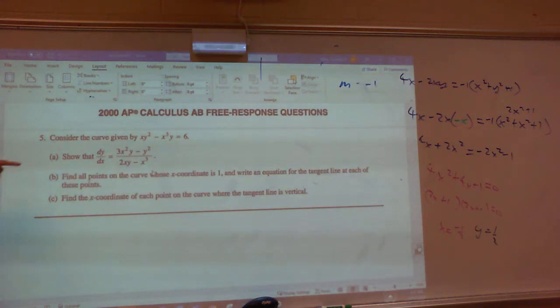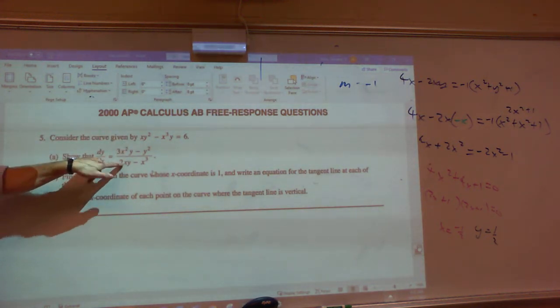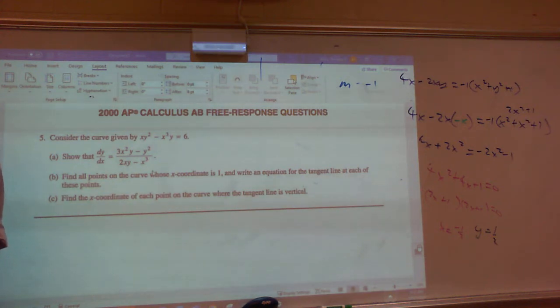So, consider the curve given by blah. Show that. Virtually the same question, right? Just change the numbers. Now, here's how they tweaked it. It says find all points on the curve whose x-coordinate is 1 and write down the equation for the tangent line. What do we need to do in part B? Would you solve for the original equation?